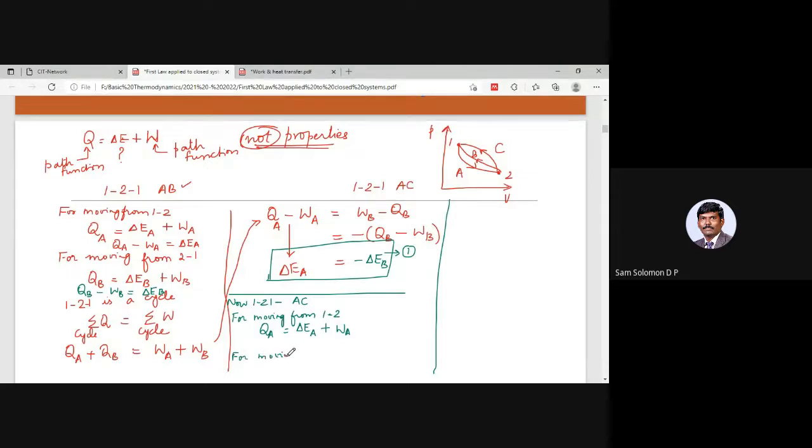For moving from 2 to 1, now it is following the path C, so QC is delta EC plus WC.